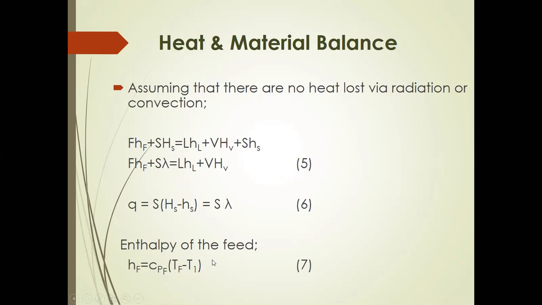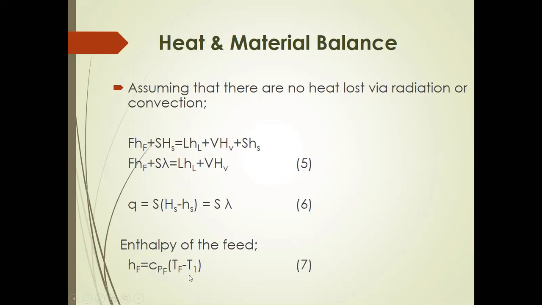Now, as to the enthalpy of the feed, I need to emphasize this one. There are two ways of determining the enthalpy of the feed. One is using this formula, and the other one is also using this formula. The third one would simply be a case of reading out HF from the concentration enthalpy diagram. But that won't be any problem because that would be a simple readout. You take it out from the diagram.